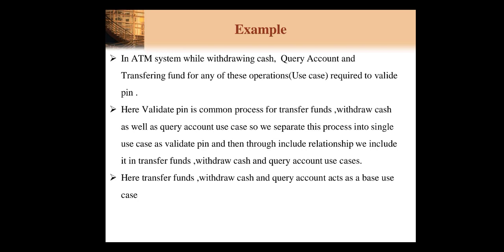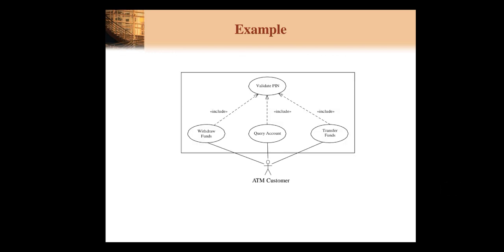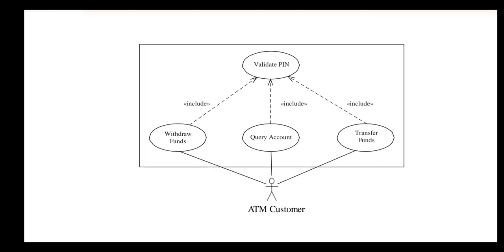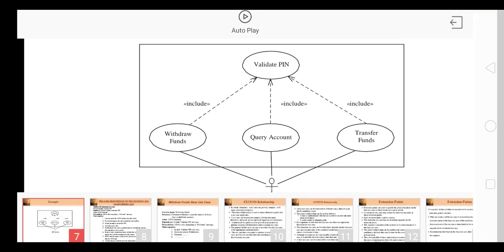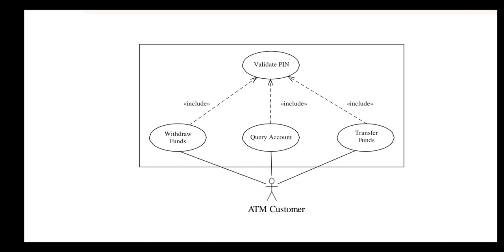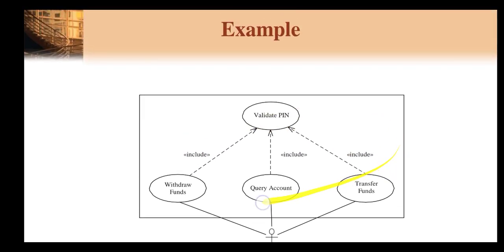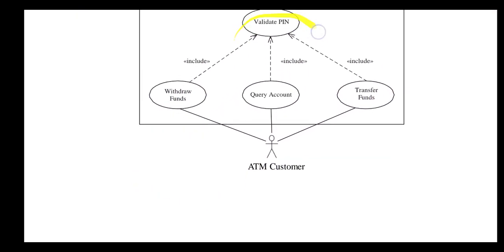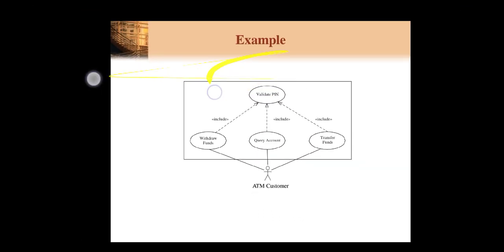We will show this here with the help of a figure. If you look at this figure, here we have three operations: withdraw funds, query account and transfer funds. All these three use cases have a common sequence which we have separated into a single use case, validate PIN.